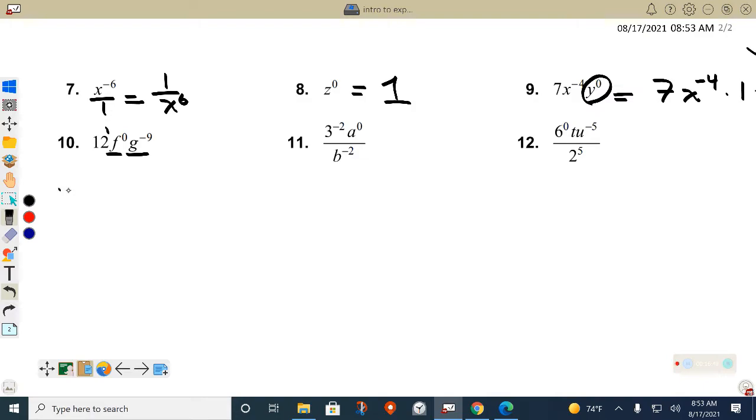So let's rewrite this now. Here we go. This is 12 to the first power times f to the 0 power, which is 1, times g to the negative 9th power. I'm separating every factor. Every item that's being multiplied, I'm separating it out.